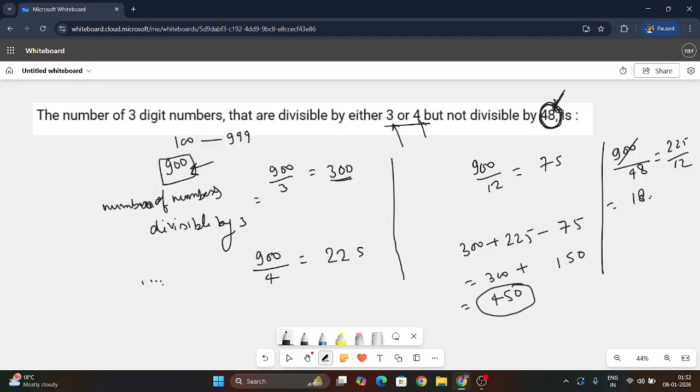This is not going to be a decimal, because if we are counting numbers, the number will be an integer, so that is going to be 18.